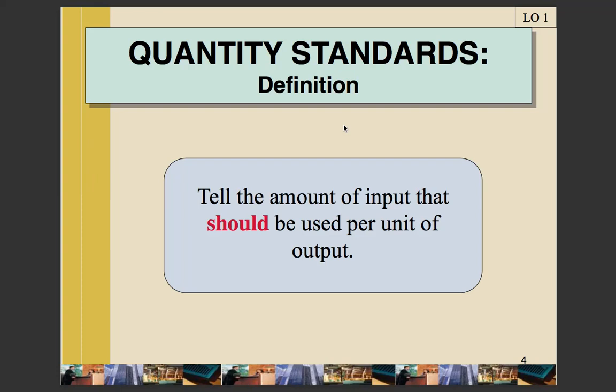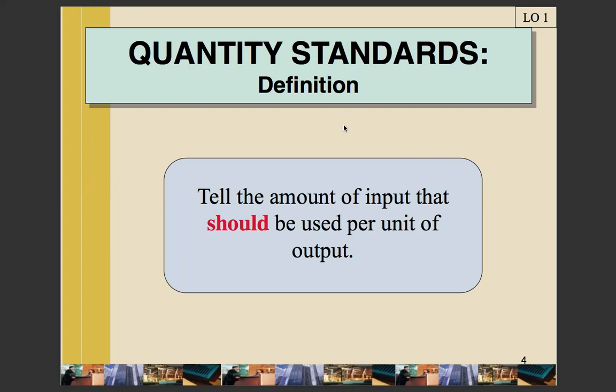Back to this one, the unit standard cost for a particular input relies on the quantity standard and the price standard. So what is the quantity standard? The quantity standard is the amount of input that should be used per unit of output. Remember that.